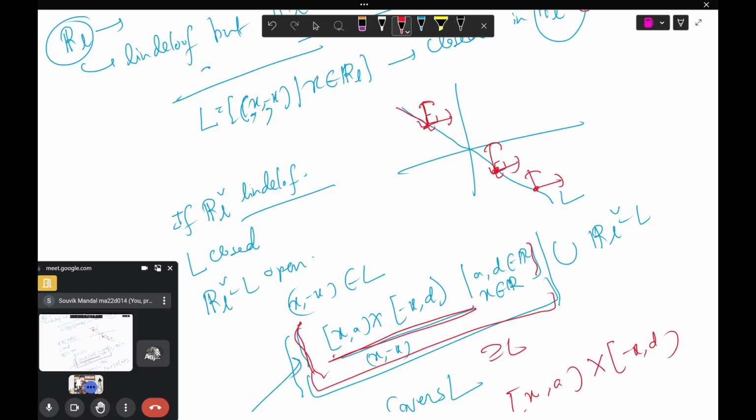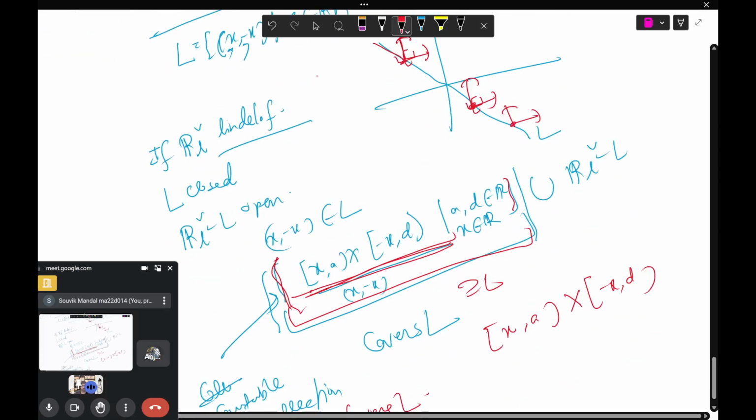So this open cover can't have a countable subcover. Do you understand the argument? Last part, repeat, sir. Yes, yes.